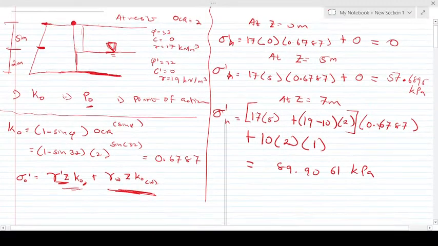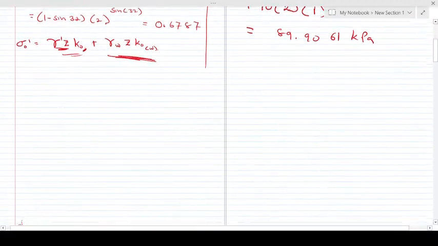Now the next thing is to draw your pressure diagram, and take note of the parameters. So let's assume this is our retaining wall, just as we had initially. From here, here is 5 meters, here is 2 meters from the question.